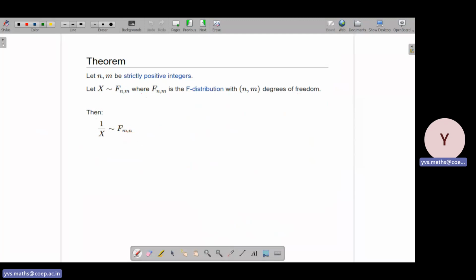So this theorem is also called the reciprocal rule, because we are taking the reciprocal of x. So 1 upon x is equivalent to F statistic with m and n degrees of freedom.